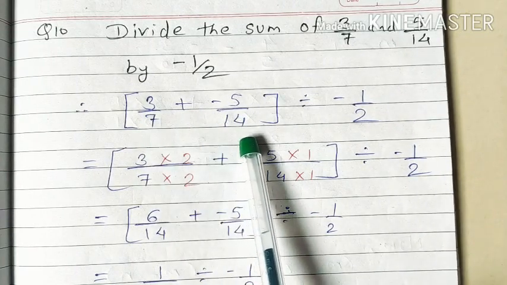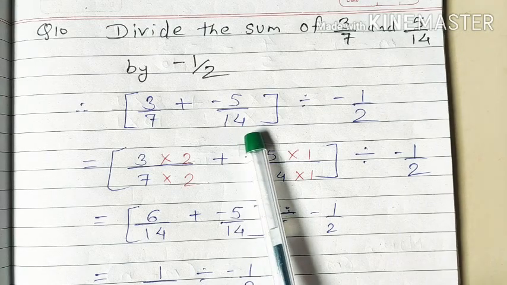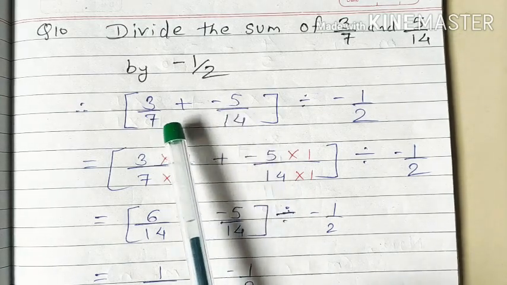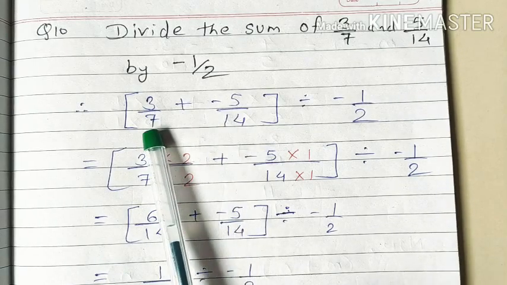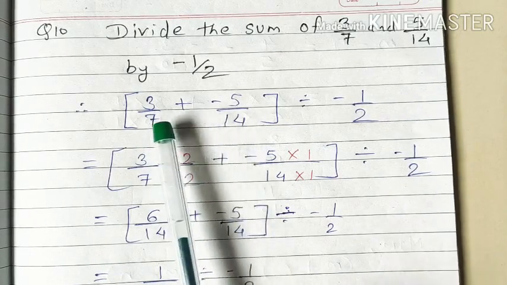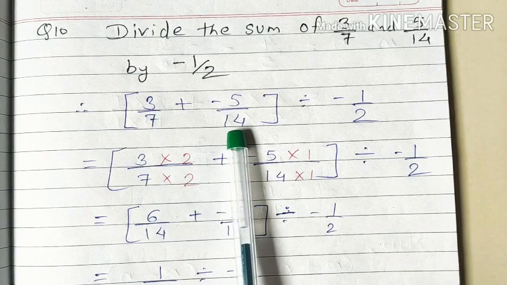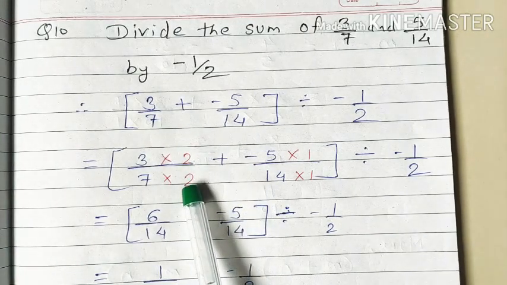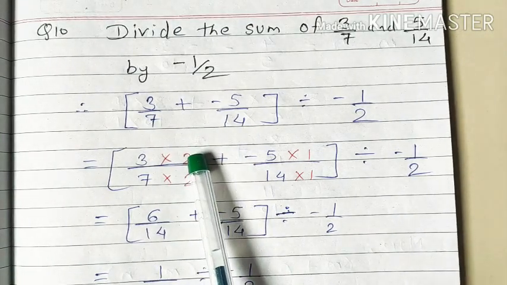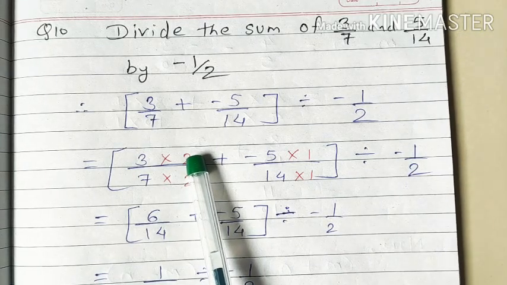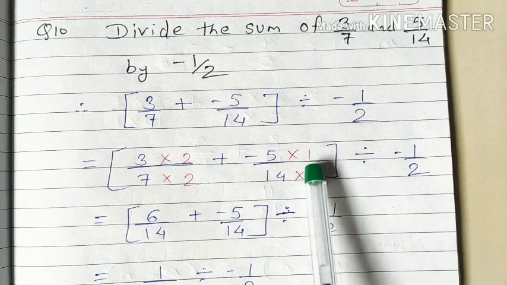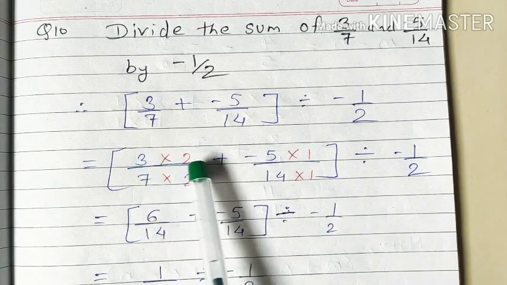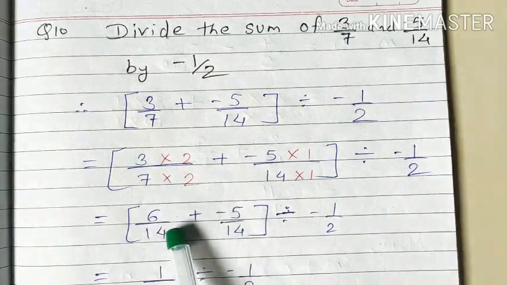If you remember, we have learned additions in the first 2-3 exercises. The same thing we have to do here. Take the LCM of the denominators for addition. 7 and 14, the LCM is 14. So 7 is multiplied by 2, hence the numerator is also multiplied by 2 to convert it to 14, and here 1 and 1. 3 2s are 6, 7 2s are 14.